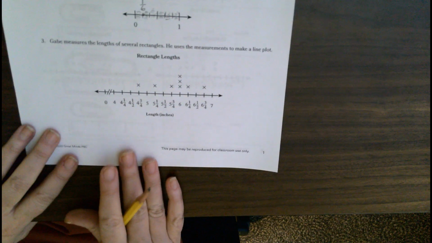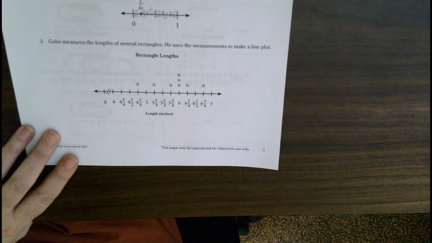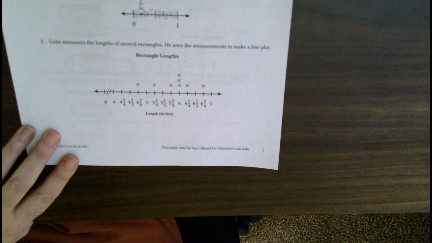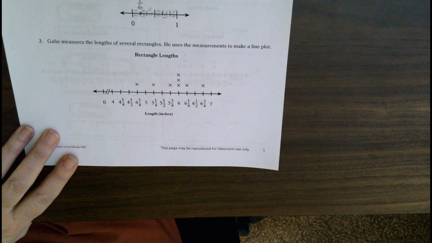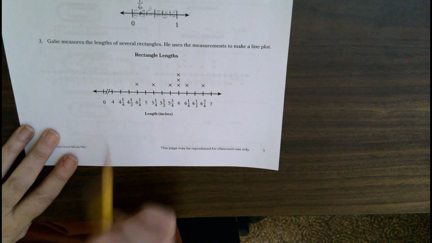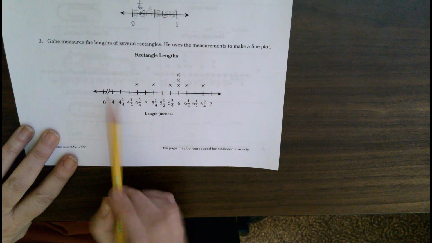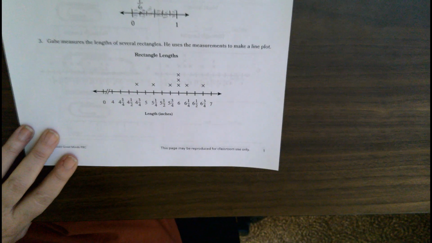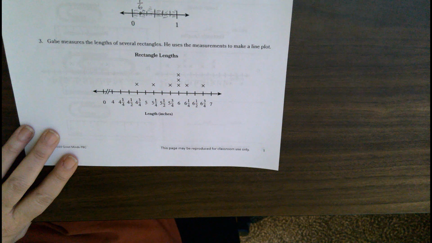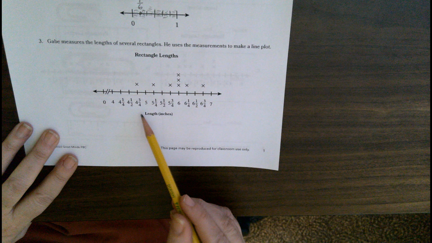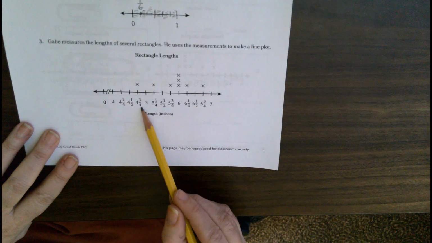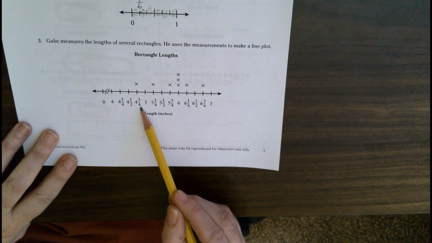Number 3, Gabe measures the lengths of several rectangles. He uses the measurements to make a line plot. Now, this is a trickier question because I have to take this information and then use it on my consecutive questions, okay? So basically, he had a rectangle that was 4 3/4 inches.